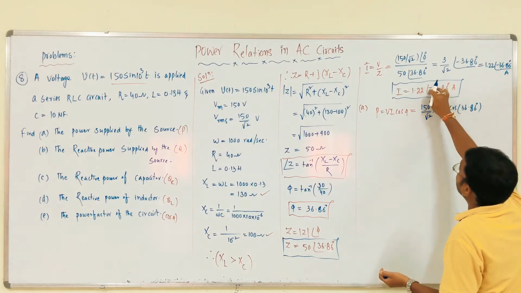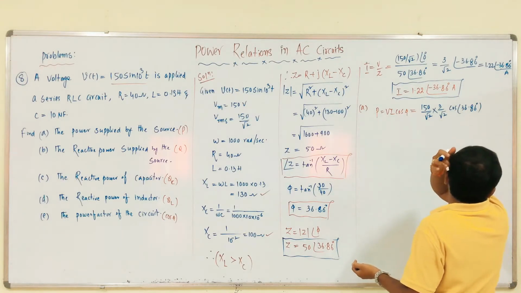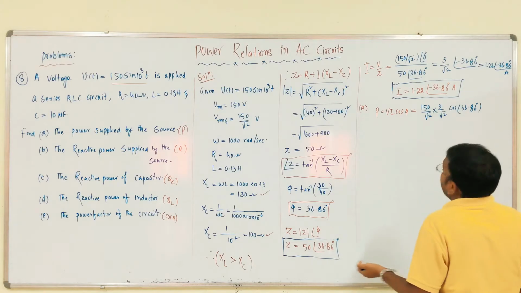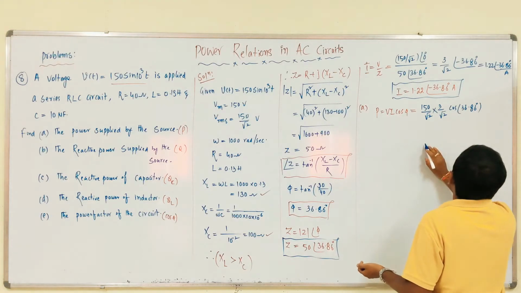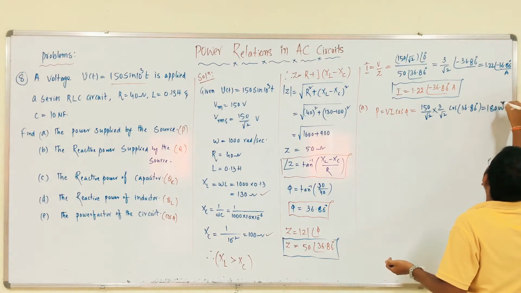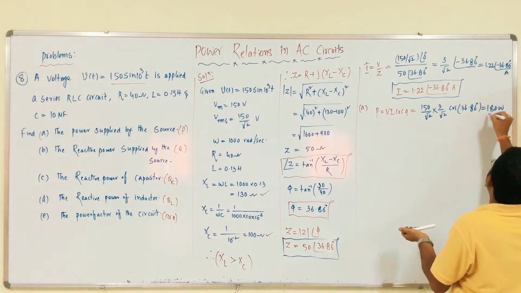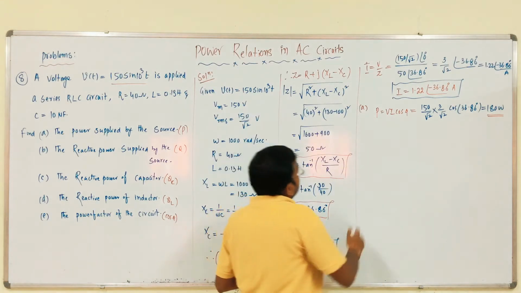This negative sign represents a lagging angle. So from this we got 750 by 2, that is 375, cos 36.86, we got 180 watts. So the power supplied by the source is 180 watts.